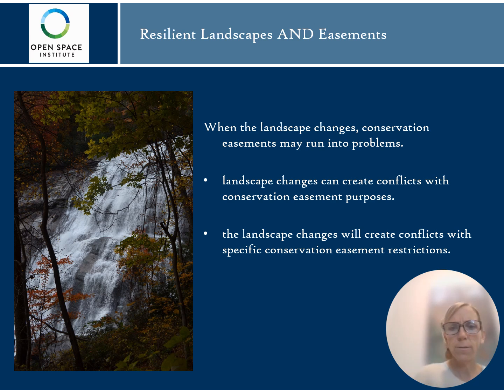So the topic of resilient landscapes. Resilience can be a little bit of an ambiguous term. We hear it thrown around a lot with conservation easements. Generally speaking, when we talk about climate resilience, we're thinking about how we can work at a landscape scale to have our habitats and ecosystems bounce back after disasters.